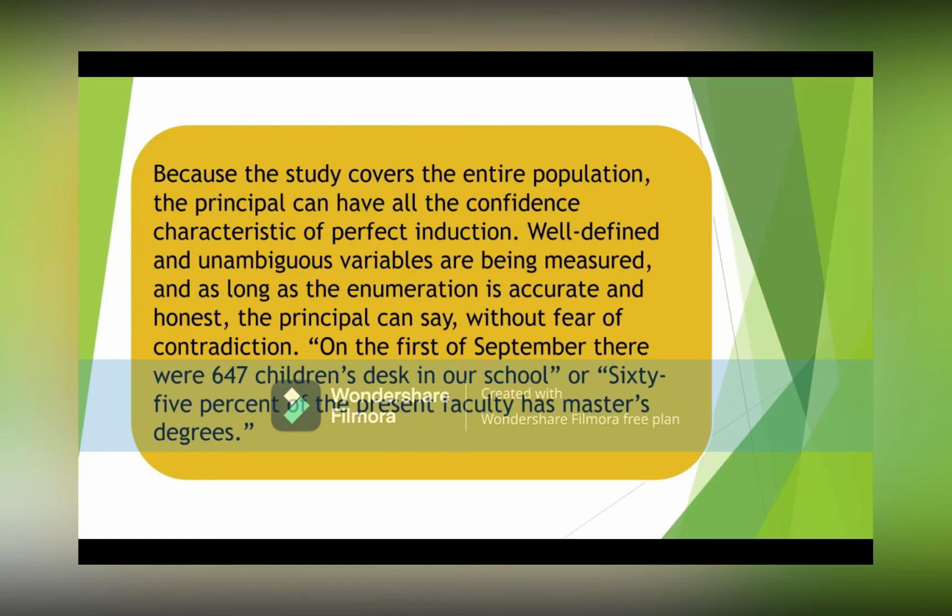The principal can have all the confidence characteristic of perfect induction. Well-defined and unambiguous variables are being measured, and as long as the enumeration is accurate and honest, the principal can say without fear of contradiction, on the 1st of September, there were 647 children in our school, or 65% of the present faculty has master's degrees.